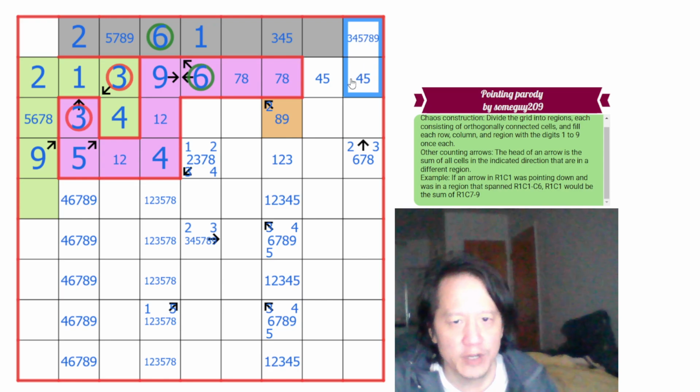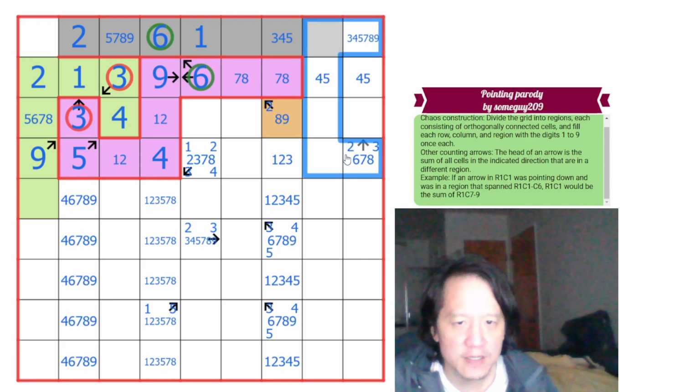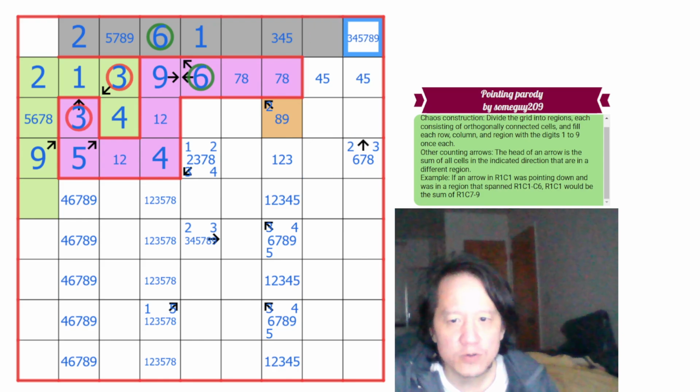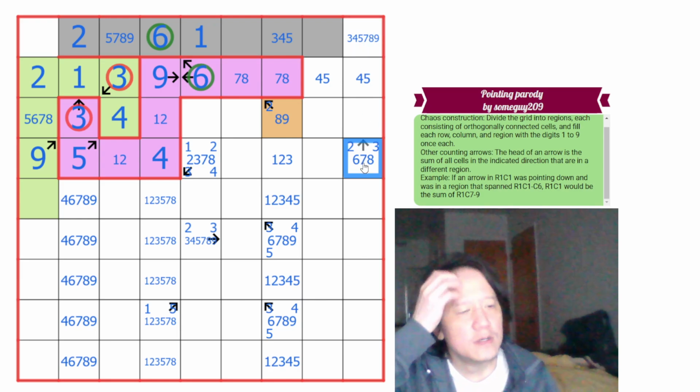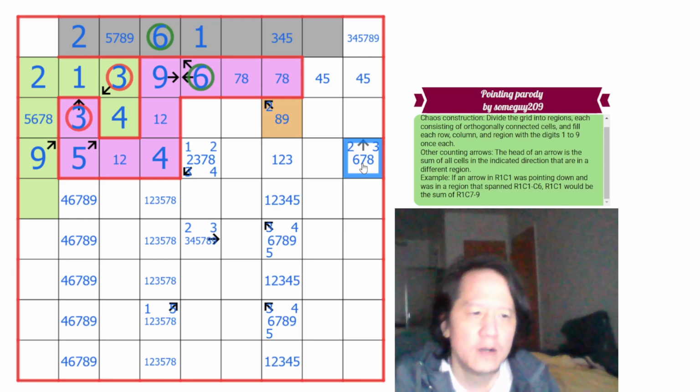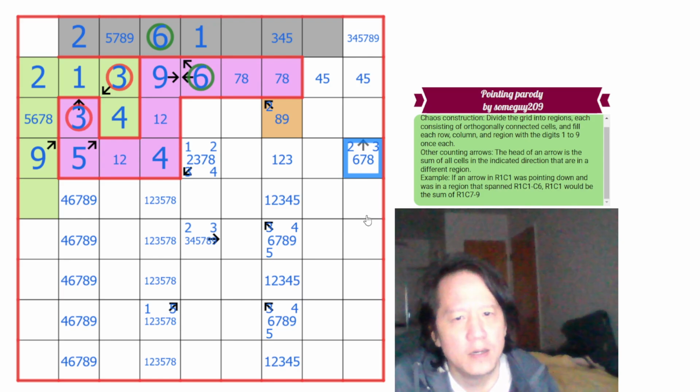So say you tried to make this. Yeah, you can't, because this has to be part of gray if that's the case. So these two are never the same region, right? Say you tried to make these two the same region.